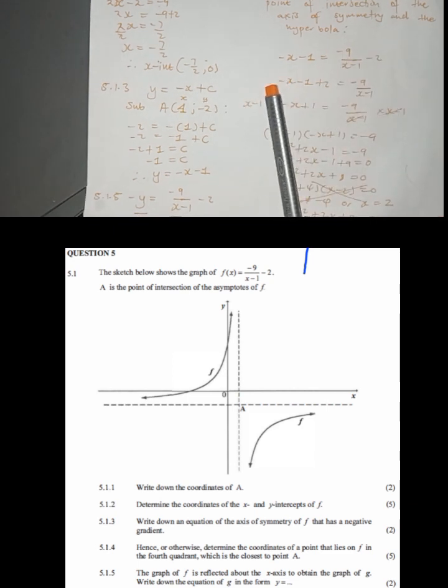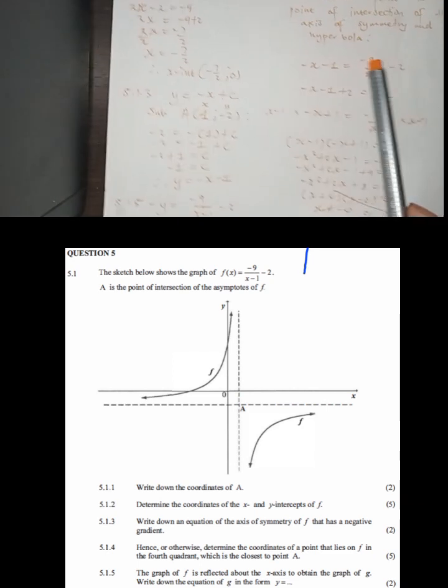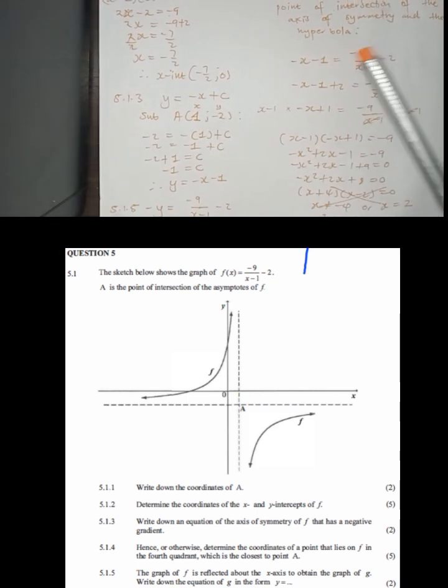So you take 2 to the other side, it becomes -x minus 1 plus 2, which is equal to -9 over x minus 1. Then you multiply both sides by x minus 1. Then x minus 1 will be multiplied by -x plus 1. It's -x plus 1 because -1 plus 2 gives you a +1.